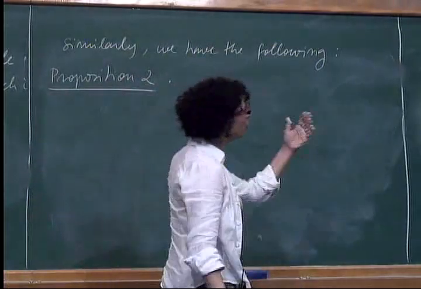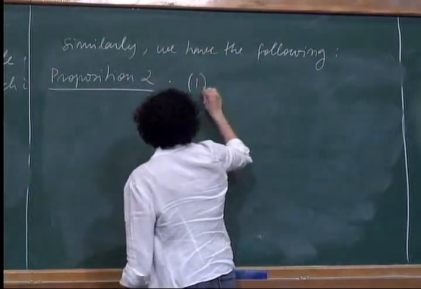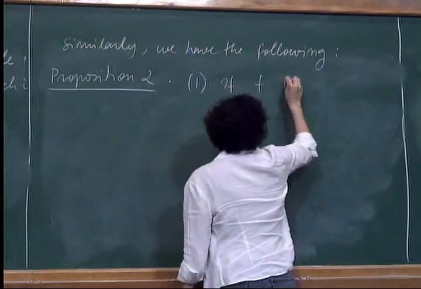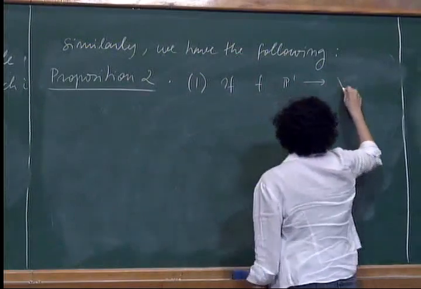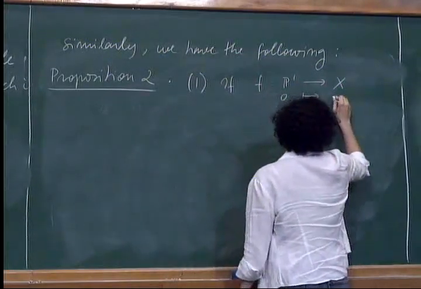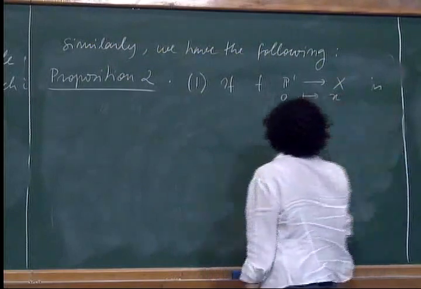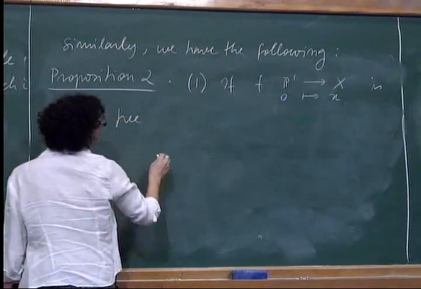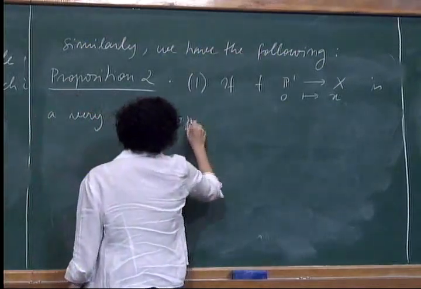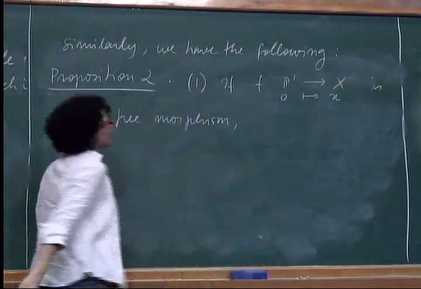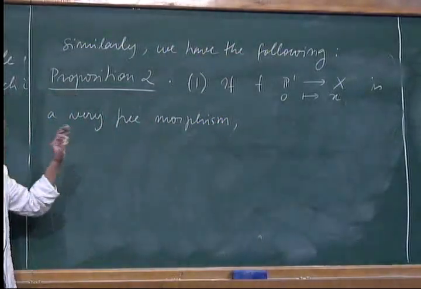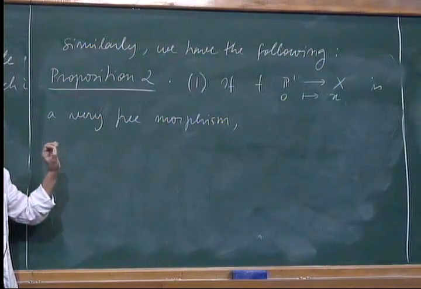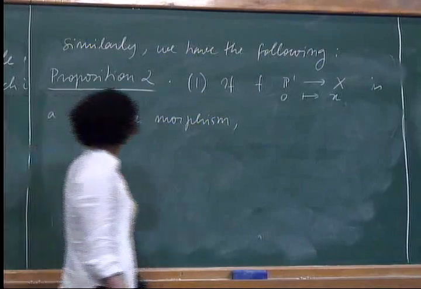Again, X will be a smooth projective variety over an algebraically closed field. Then if I start with a very free morphism from P1 to X, sending, say, 0 to x, then the space of morphisms that send 0 to x will be smooth because the corresponding H1 will vanish.